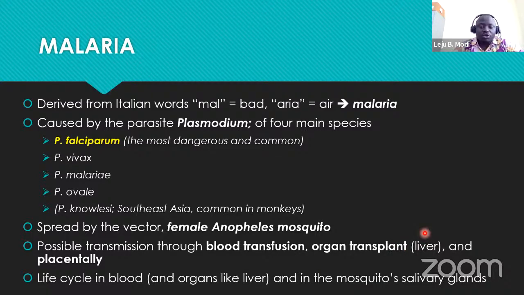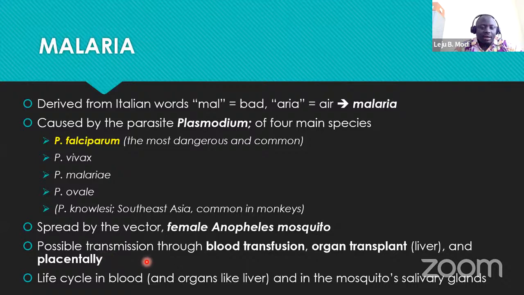This presentation will not go into details of that, but in the life cycle of this Plasmodium parasite there are certain stages when the parasite grows in the liver. So if part of such a liver is transplanted when the parasite is there, that can also cause transmission. Also important to know is that the Plasmodium parasite can be transmitted through the placenta, meaning during pregnancy from the mother to the baby.